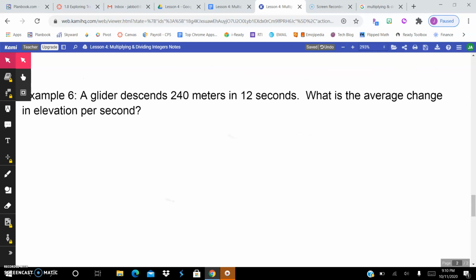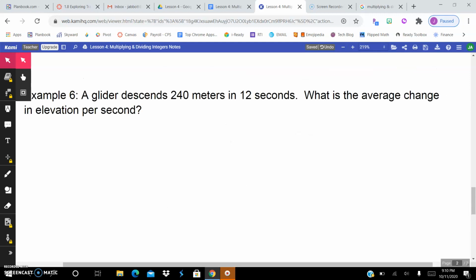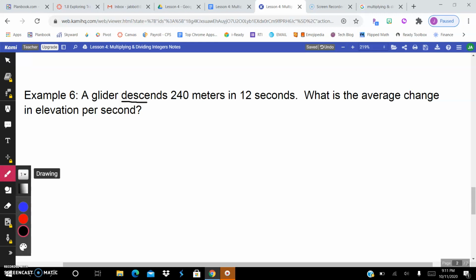And then our last example here, a glider descends 240 meters in 12 seconds. What is the average change in elevation per second? So again, there's that descend, which means goes down. So down 240 in 12 seconds. What is the average change per second?